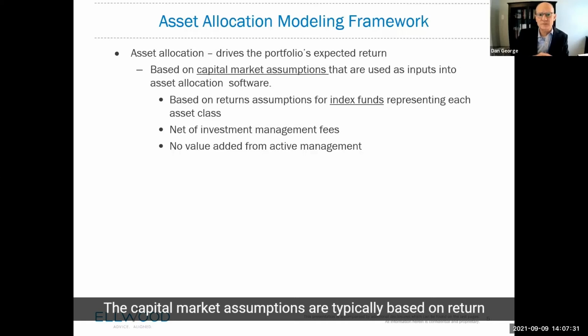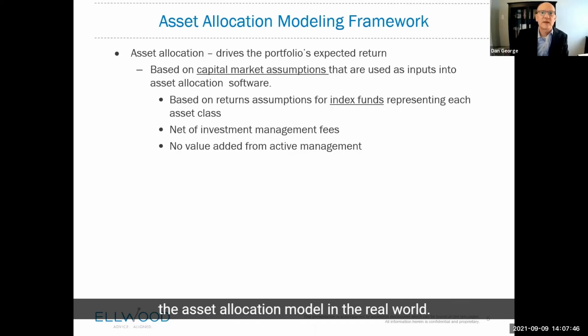The capital market assumptions are typically based on return assumptions for an index fund that represents each asset class. We want the broadest coverage of each asset class so we know what to expect when we're basically living out the asset allocation model in the real world.